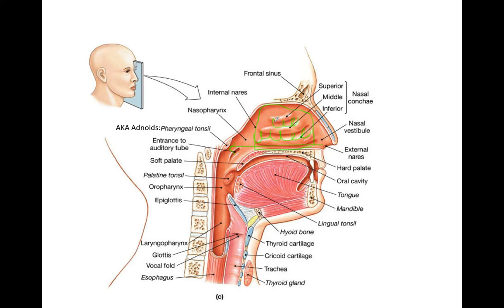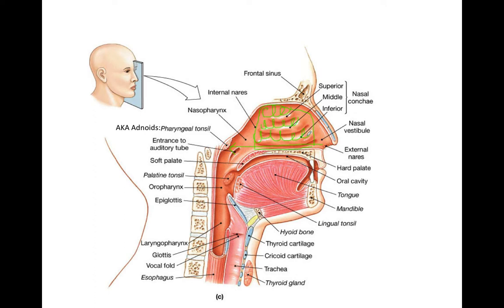These are little eddies of airflow, and it's causing turbulence in the airflow. Why would we want turbulence in the airflow? Because it slows down the air, number one, and now it's giving the opportunity of more contact with the respiratory mucosa that's lining our nasal cavities.